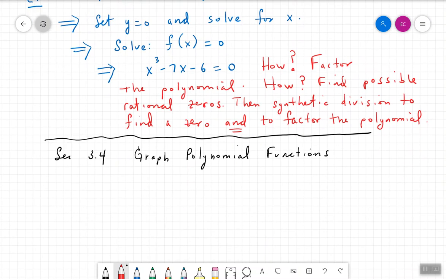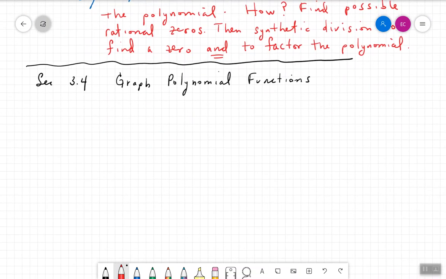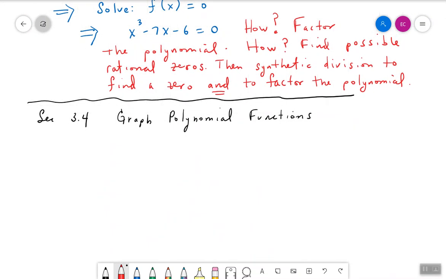Okay, in section 3.4, we want to graph a polynomial. So for example, we want to be able to graph x cubed minus 7x minus 6. Here, let's write that out.